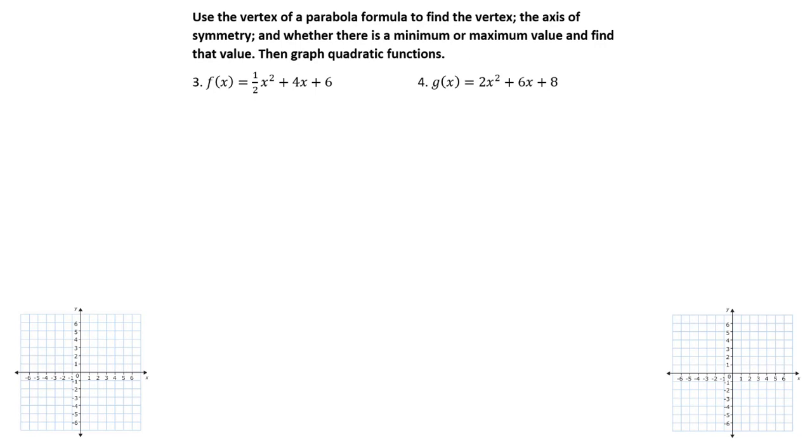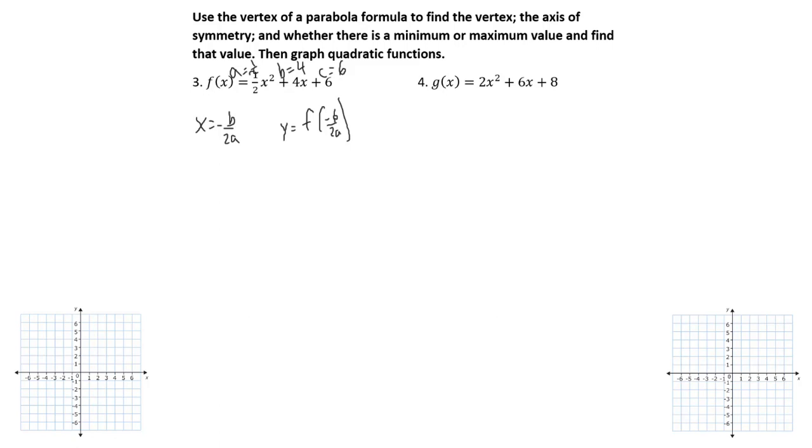Okay, so here we need to find the x value of our vertex using negative b over 2a, and y as f of negative b divided by 2a. Okay, so let's identify our a as 1/2, our b as 4, and our c as 6.